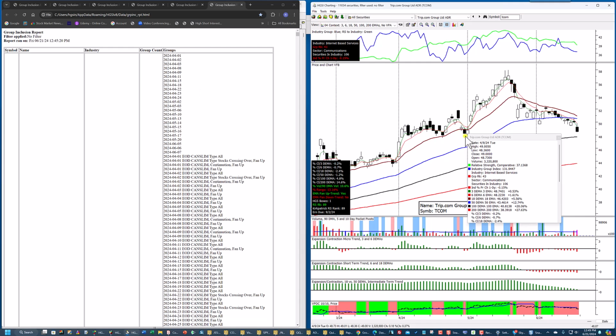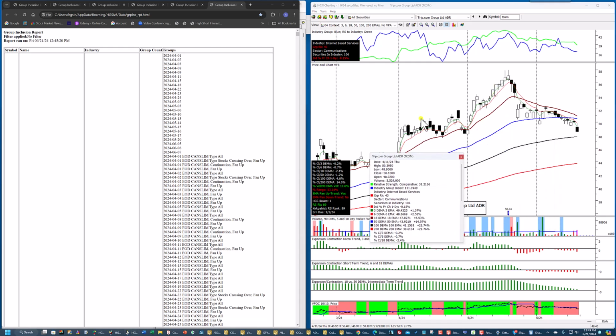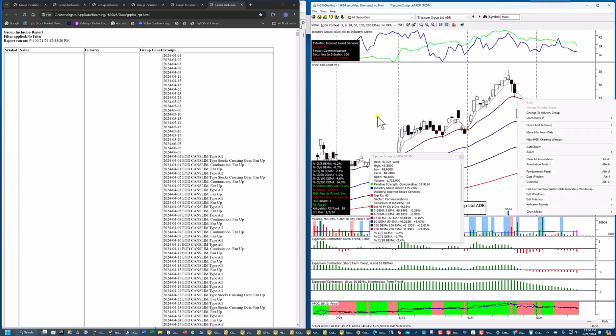And then 4-11. Right there. Anyway, it worked its way through here. Here's a low pivot which was confirmed, and then it failed, but there were only 2 lower lows here, so it didn't qualify for a lower low, and then it took off again, and then it rolled over.